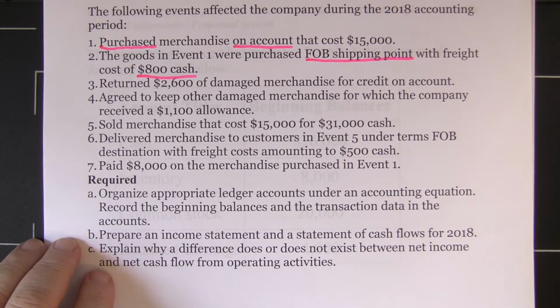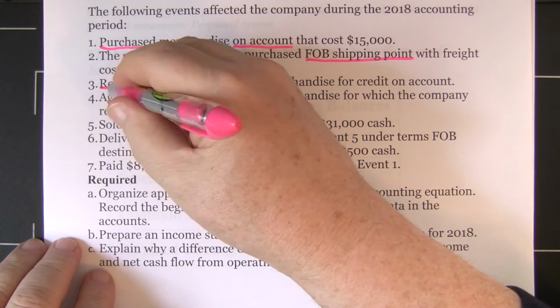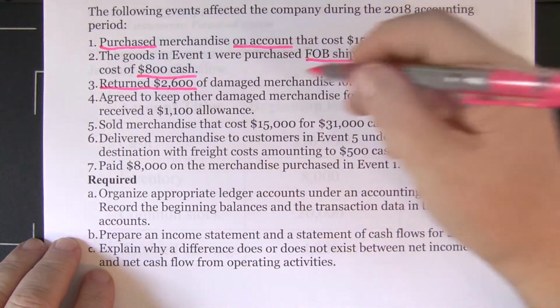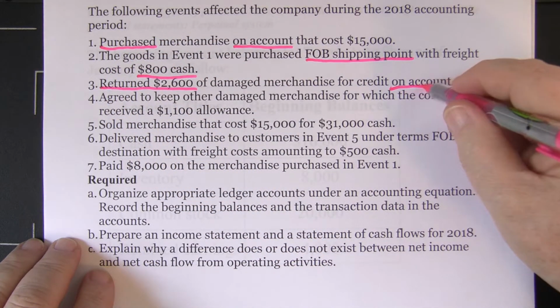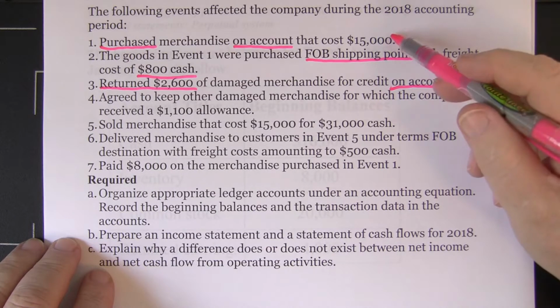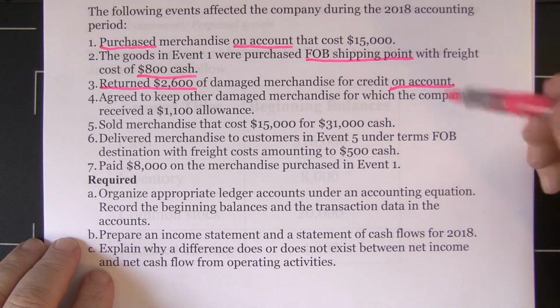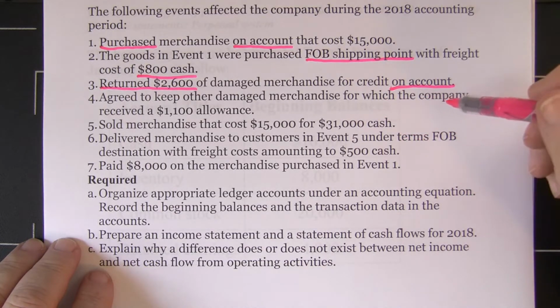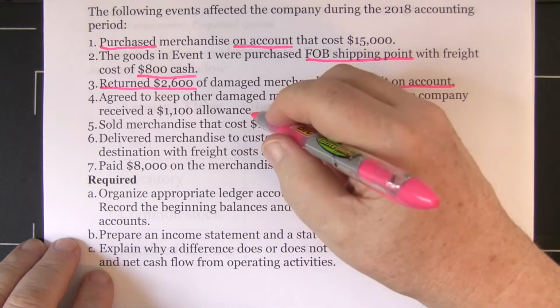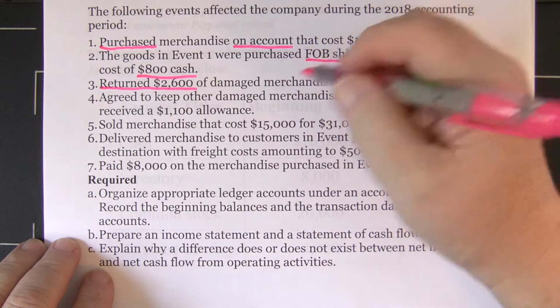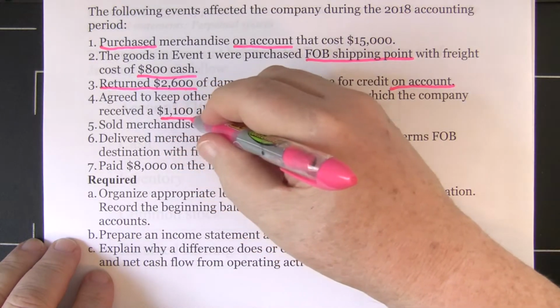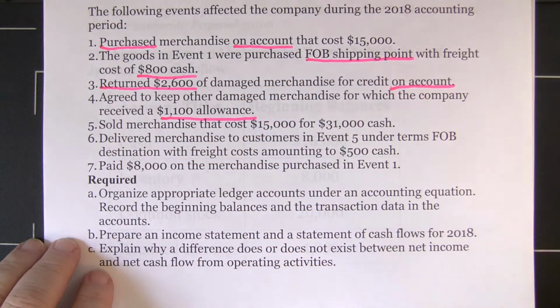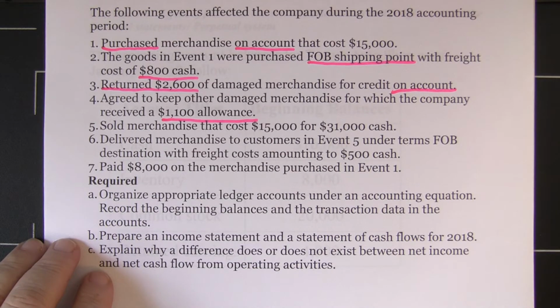They returned $2,600 on account, so the amount that they owe goes down. They agreed to keep some other, but they get an $1,100 allowance. That means the cost goes down.